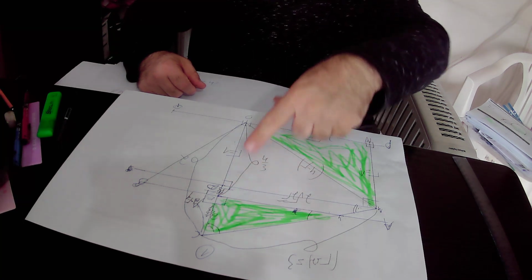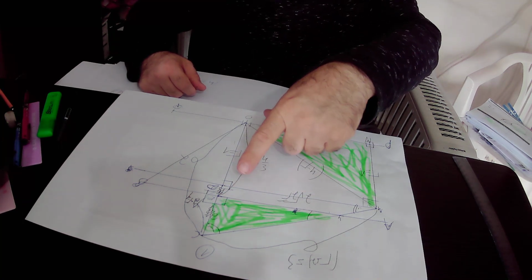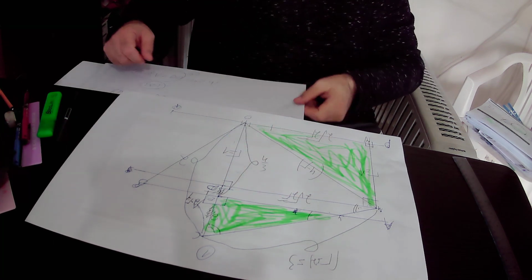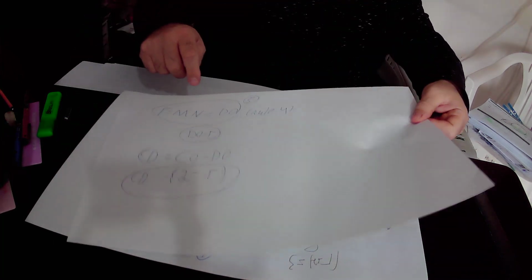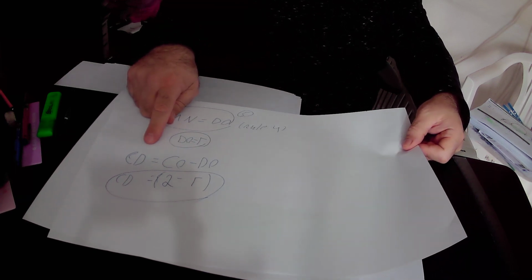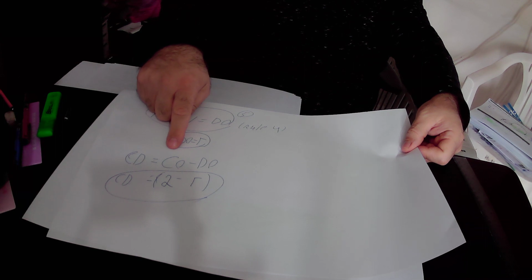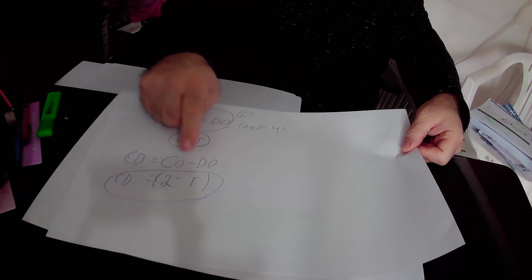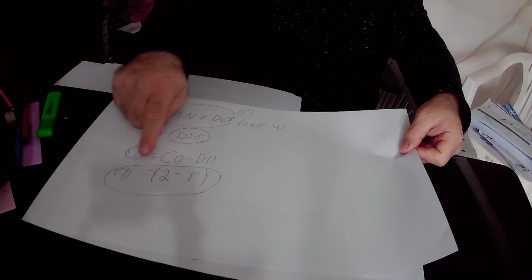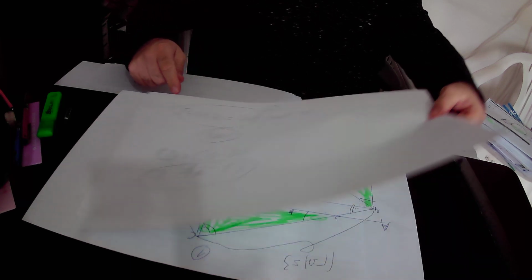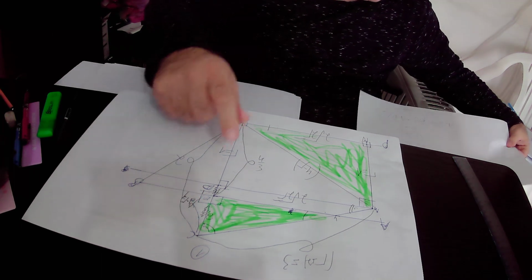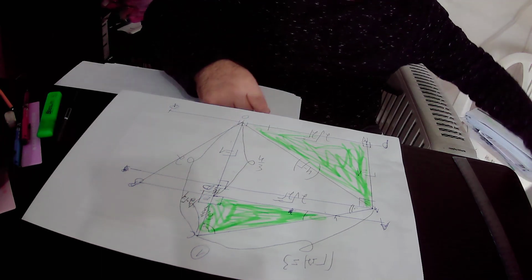CD equals CO minus DO. You can see from the drawing that CO minus DO equals CD. But we have already found that CO equals 2 and DO equals R. So in total we found that CD equals 2 minus R.